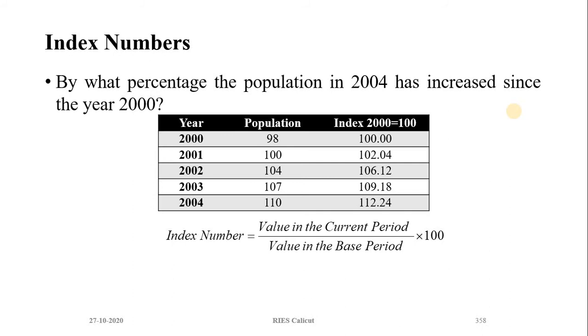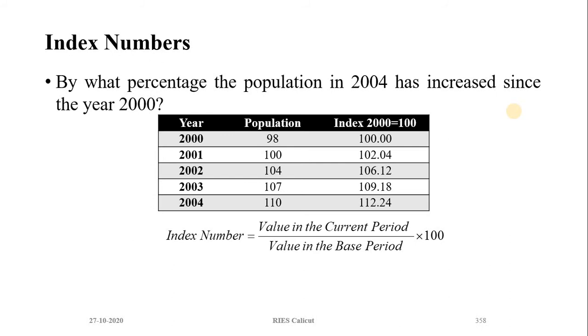So 2004 will be our current year. We want to compare this population increase based on the 2000 population. So 2000 will be our comparing year, our base period.